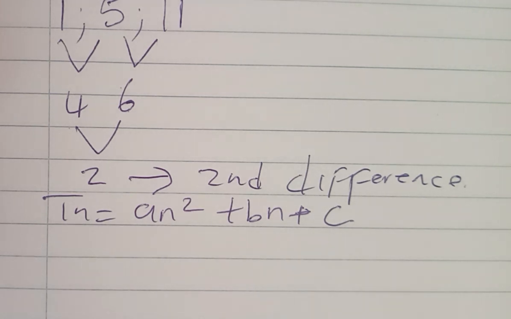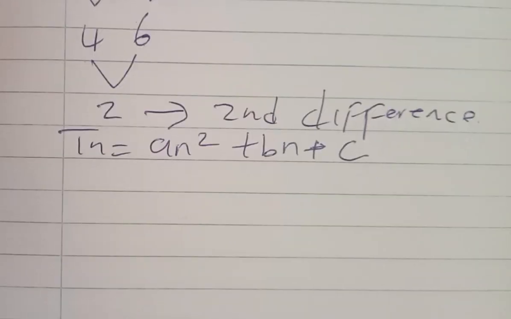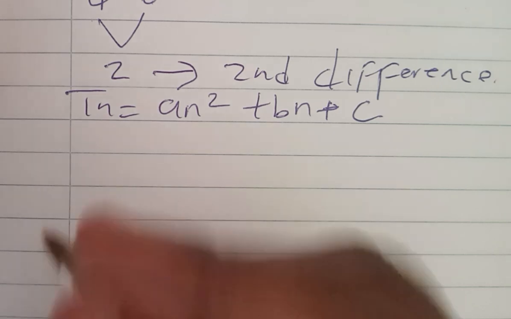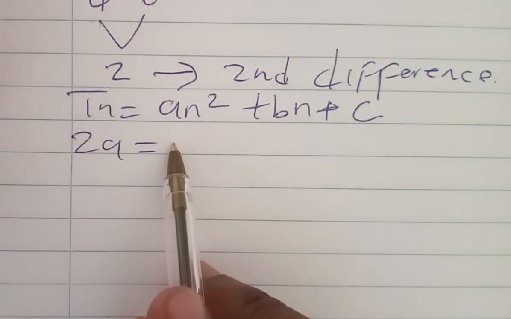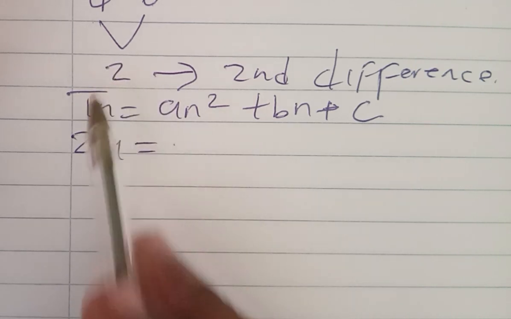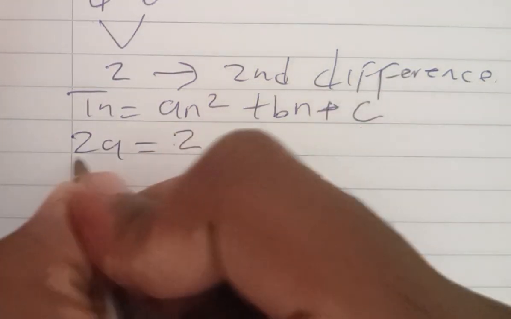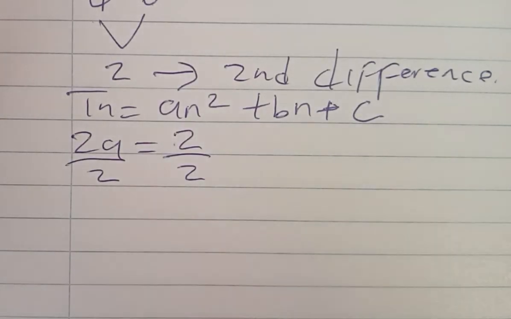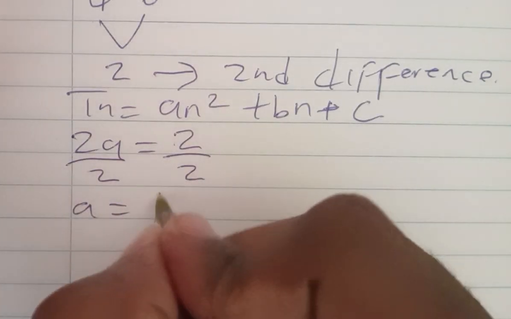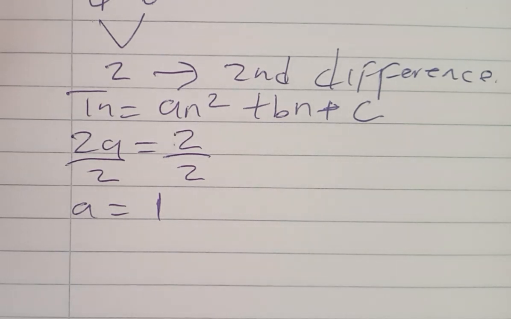To get a, I said on the previous video that 2a is equal to the second difference. What is our second difference? It is 2, so we'll write 2 here. I divide both sides by 2 because I'm looking for the value of a. So 2 divided by 2 is 1. So our a is 1.